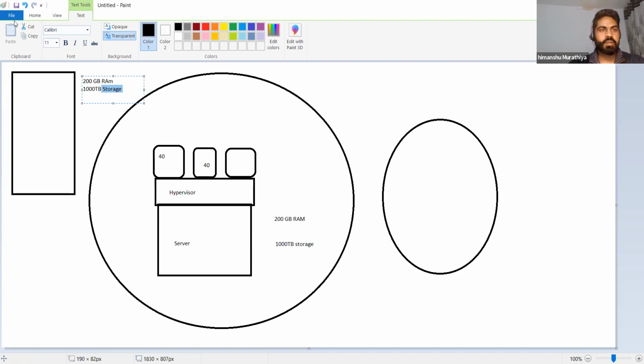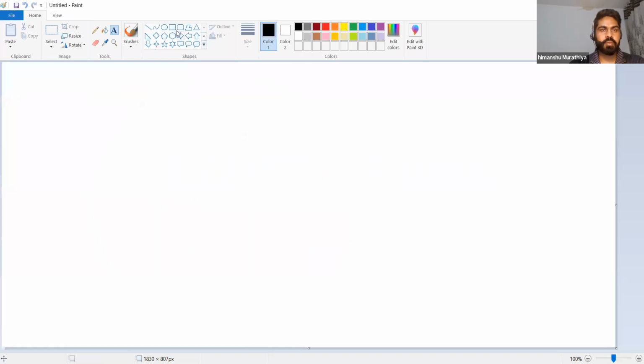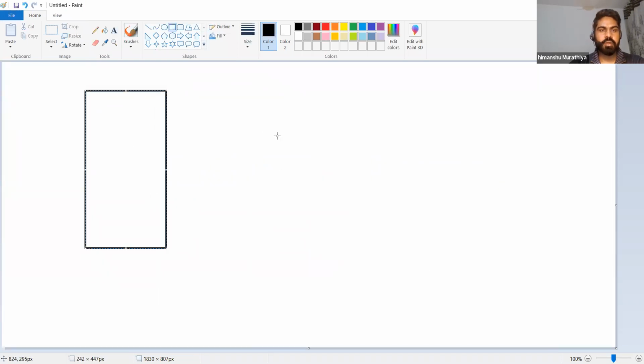Let me explain, just give me a minute. Okay, these are three users, three phones we can say. This one has pictures, this one also, and this one also.